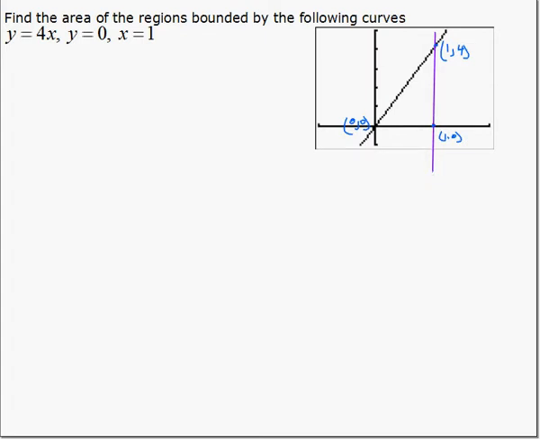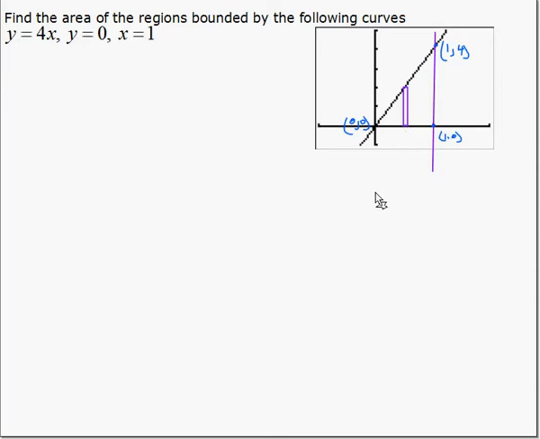We need a rectangle to help us know which integral we're going to have to write to solve. So we can choose either a dx or a dy here.